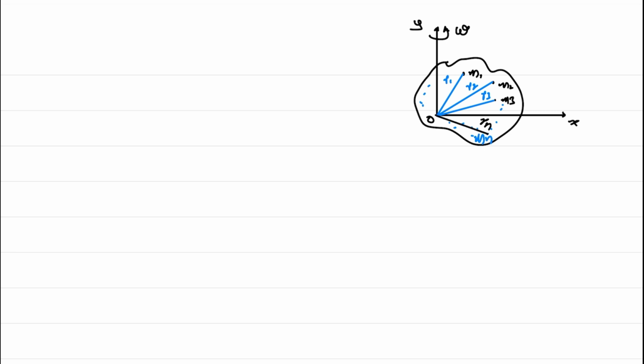Now, what is the RCM? Total mass into RCM is equal to the sum, from 1 to infinity over the particles, of the product mi ri. This formula we have already discussed.